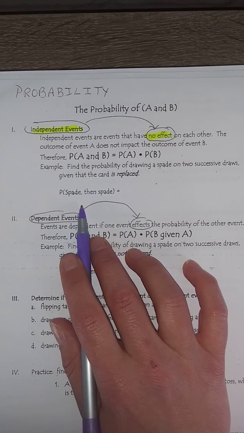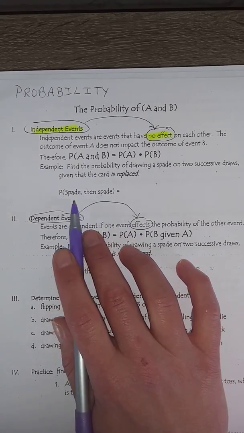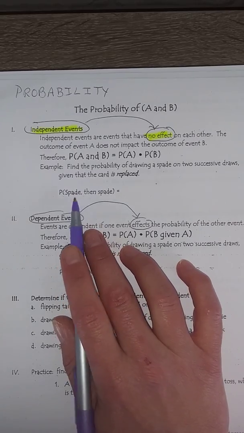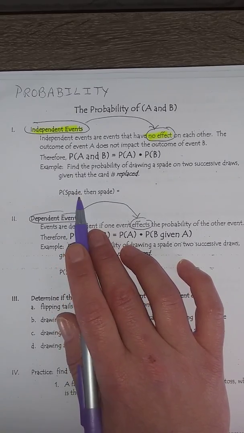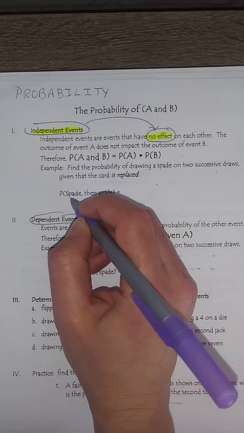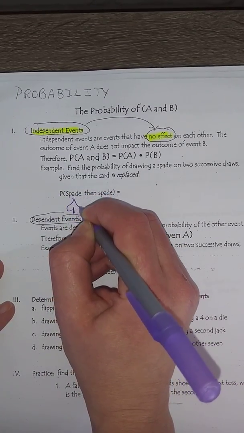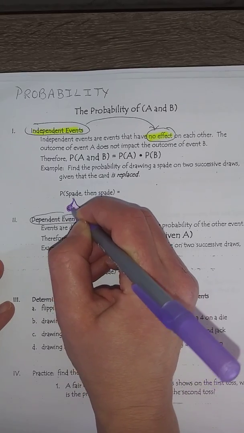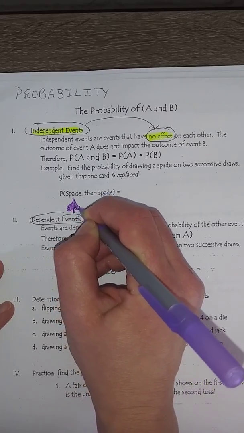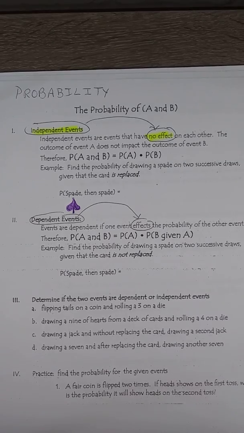So the spade is one of the suits. The spade's the one that looks like this, kind of like a heart with a stem. They're black cards. And again, all of this is in the Mega Notes.